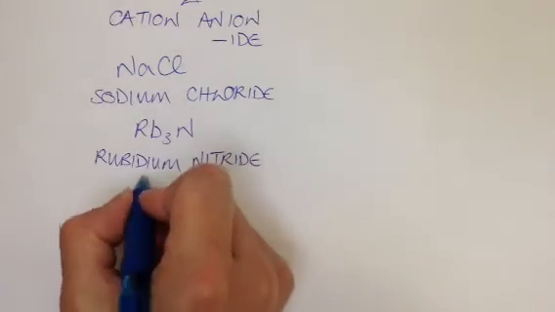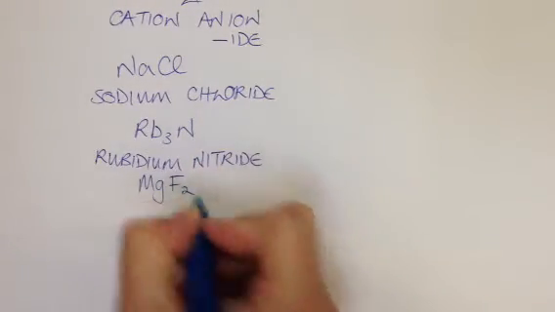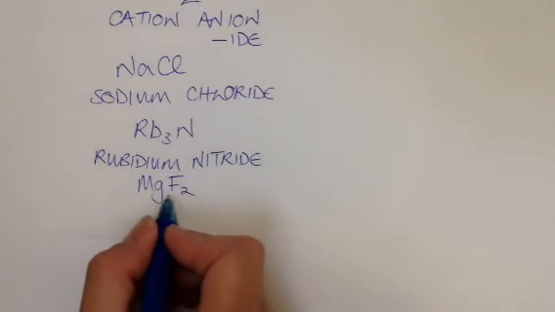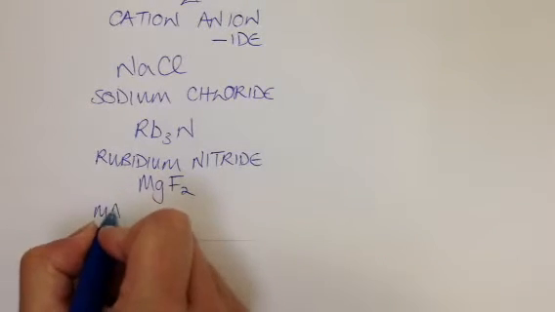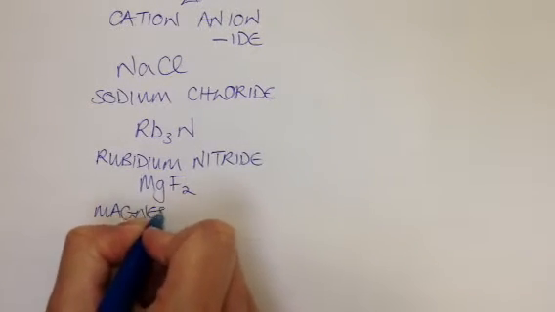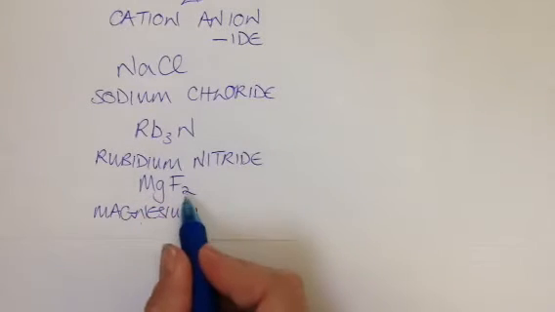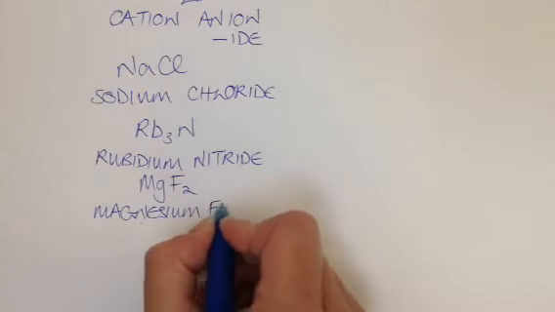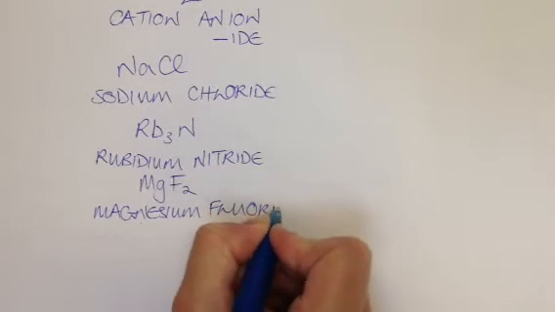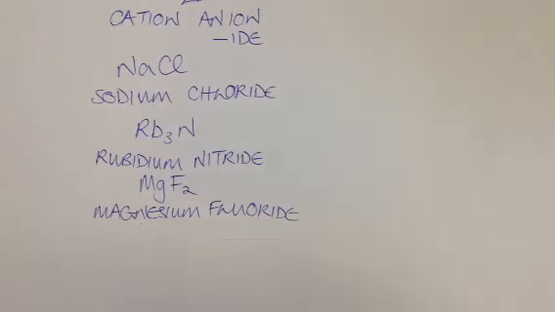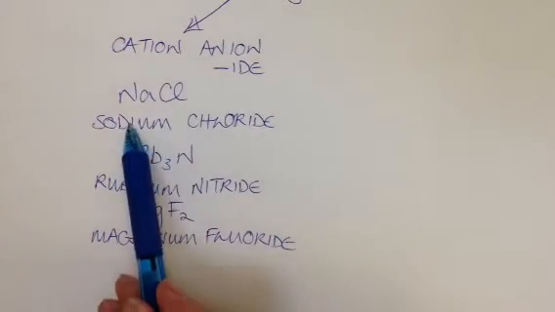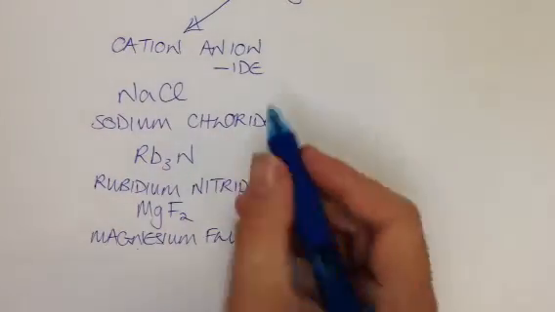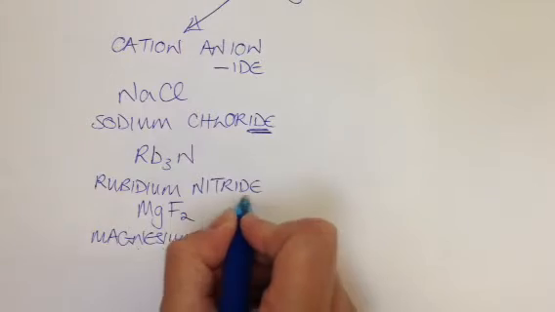Okay, let's do one more. MgF2. We name the cation, magnesium. We name the anion, which is fluorine, with the ending changed to end in "ide," fluoride. Okay, so simply name the metal, name the non-metal, change the ending to end in "ide."